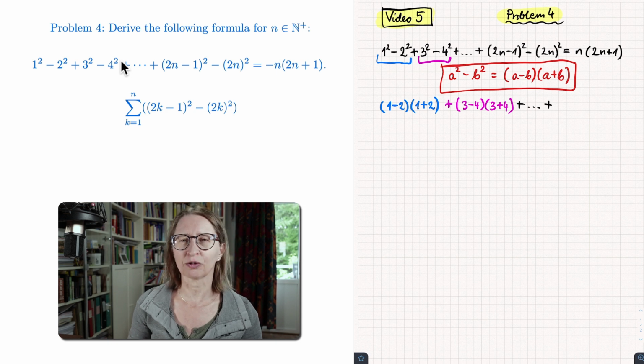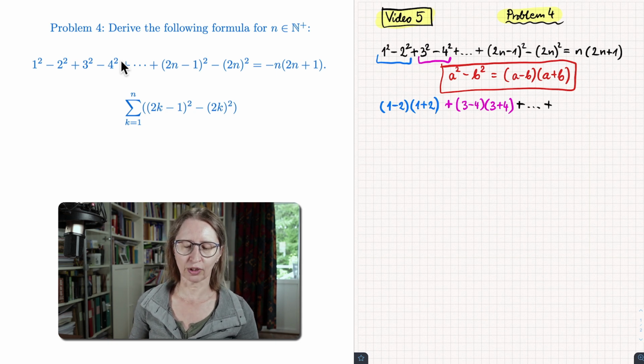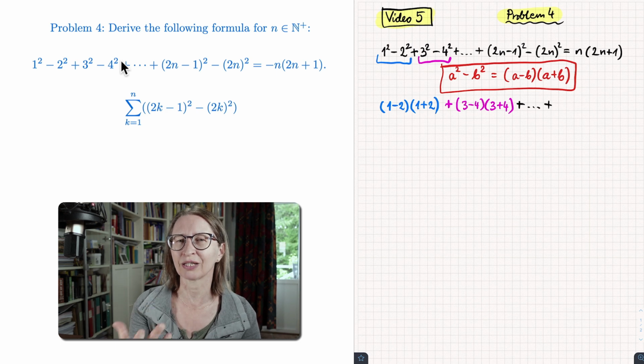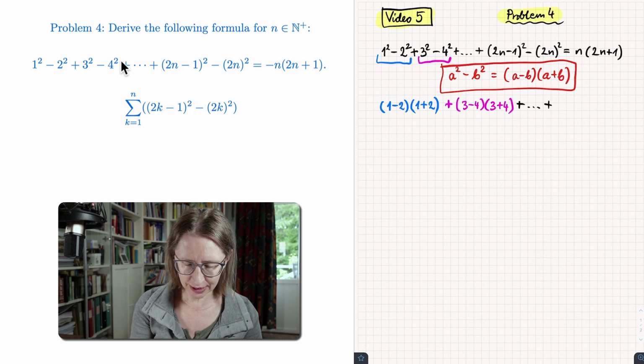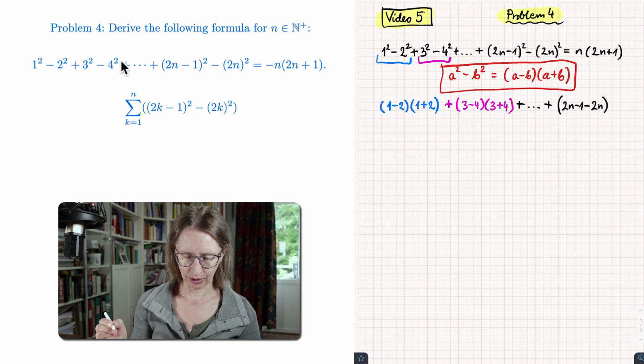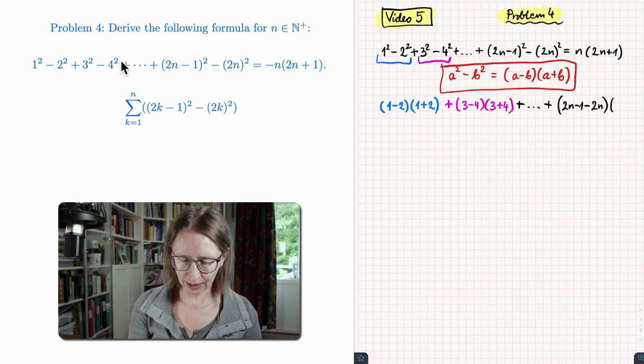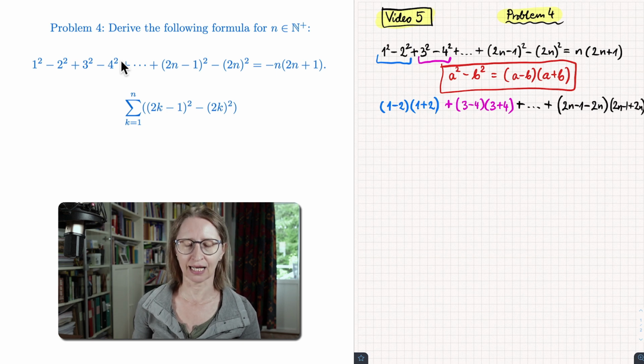Here in the last one, I will use the same formula for a equal to 2n minus 1 and b equal to 2n. So first I will get in the first parenthesis 2n minus 1 minus 2n, right? And in the second one, 2n minus 1 plus 2n. This is my left-hand side.